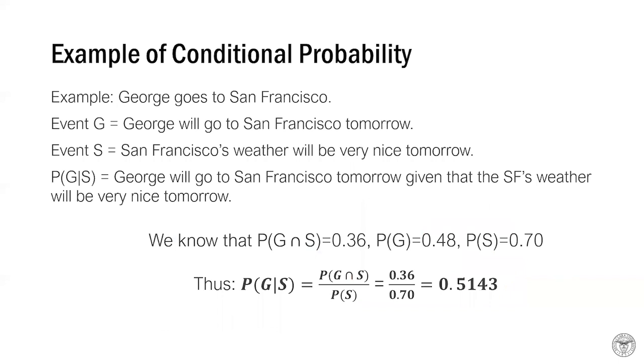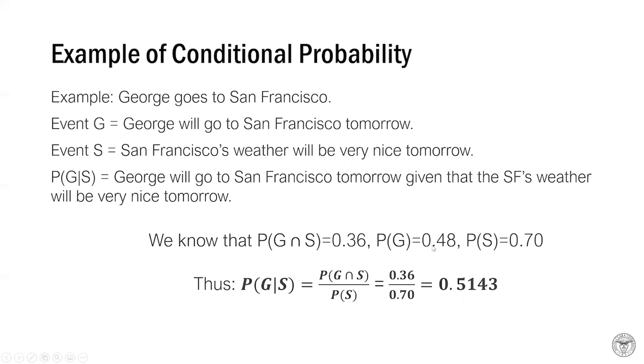Let us look at this example of George going to San Francisco. We know that whether George will go to San Francisco tomorrow depends on the weather condition. Regardless of the weather condition, suppose the chance that George will go to San Francisco, denoted by G, is 0.48.